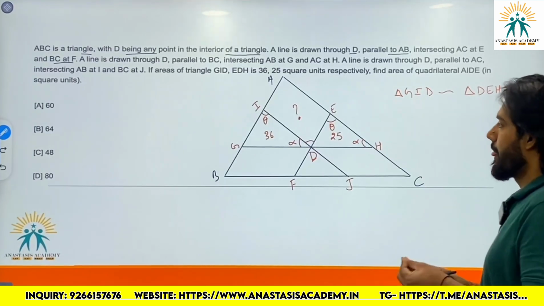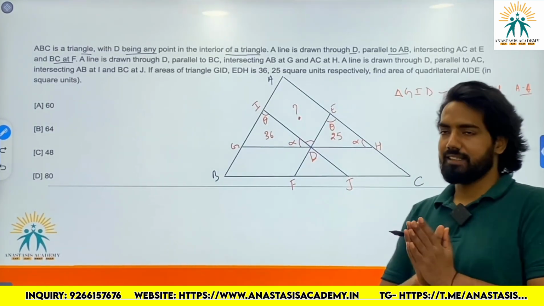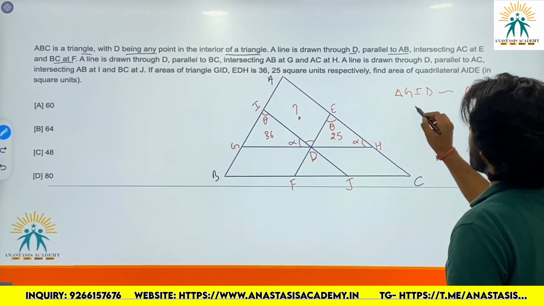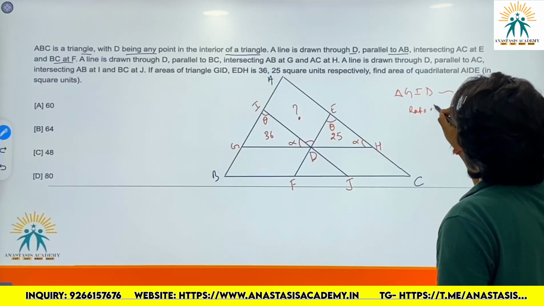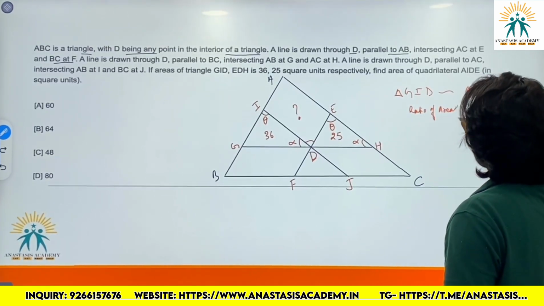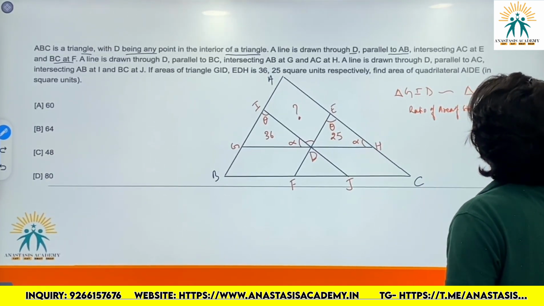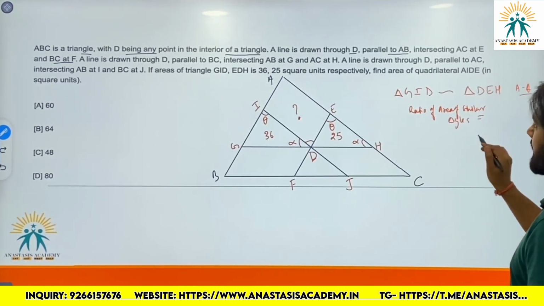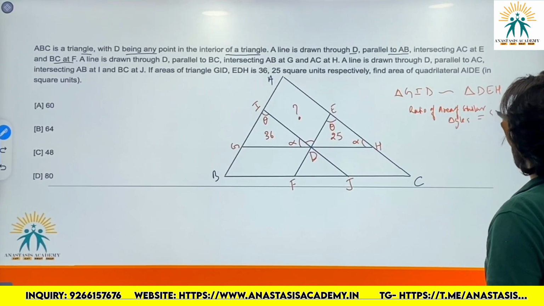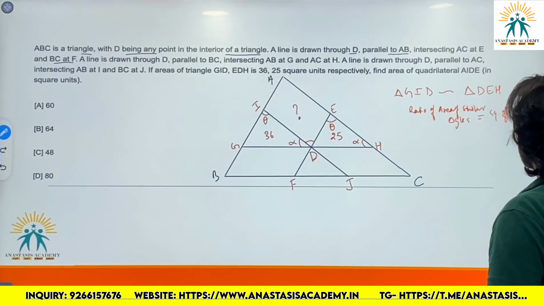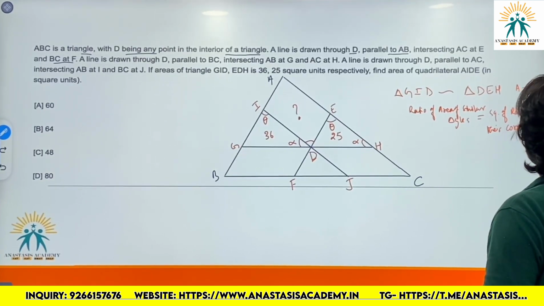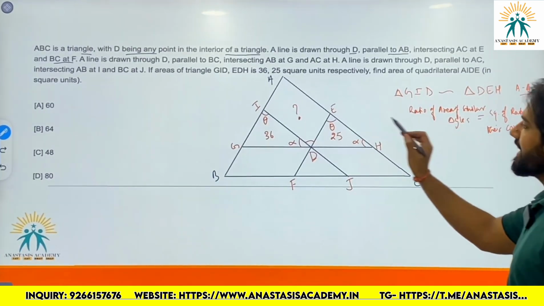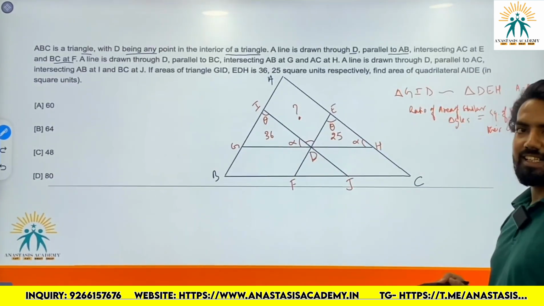Now the property of similar triangles is that the ratio of areas of similar triangles is equal to the square of the ratio of their corresponding sides, and here the ratio of their areas is given to me.